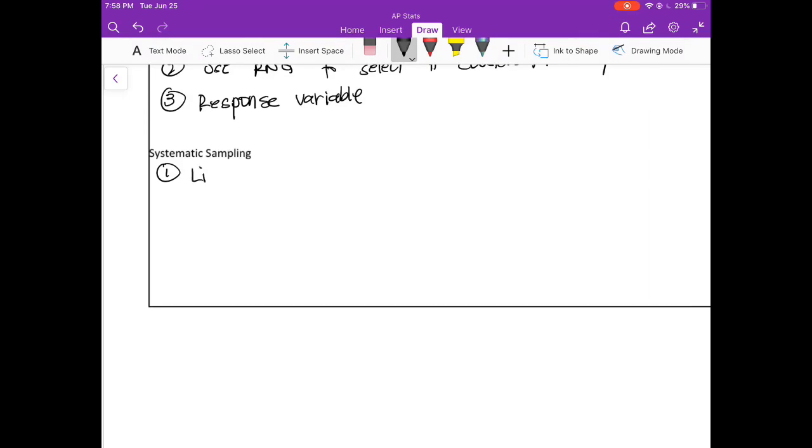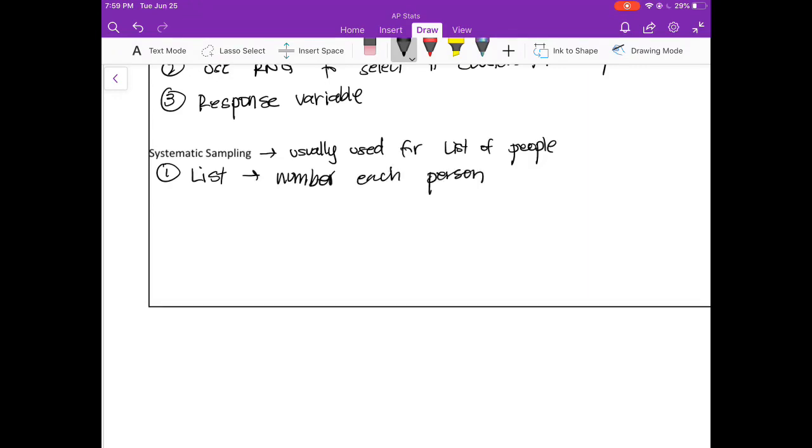Okay. So first step is that you get a list. So remember, systematic sampling is usually used for a list of people. So we have a list, and you're going to number each person. Then using a random number generator, you're going to pick your starting value.